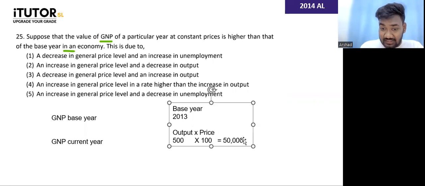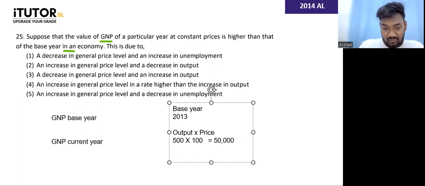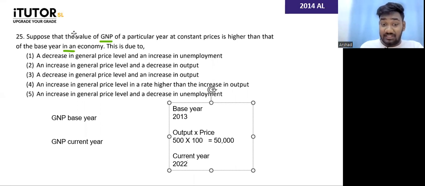Then they are saying in the current year, let's say 2022. What's the question saying? Suppose that the value of GNP in the current year at constant prices is higher than the base year. So this is also output multiplied by price.